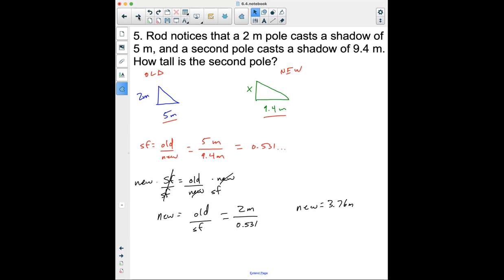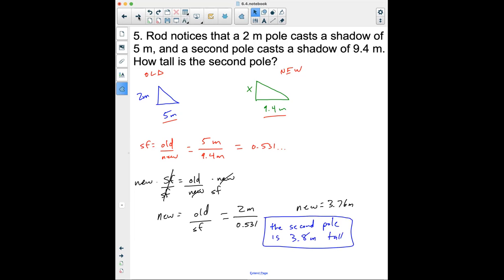Pardon me if I forgot to in the last couple of examples. The second pole, and let's round this to the nearest tenth, is 3.8 meters tall. Awesome.